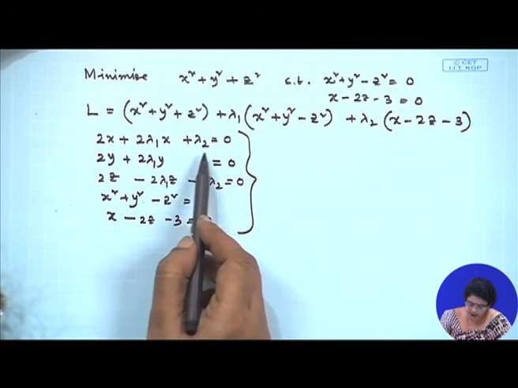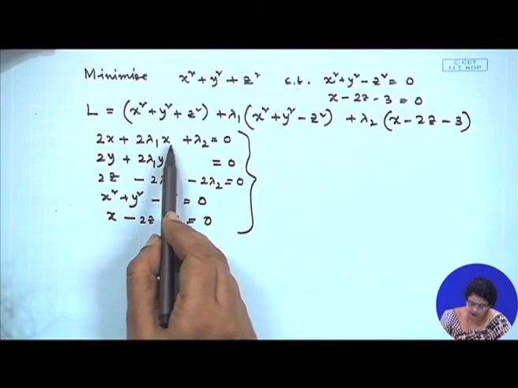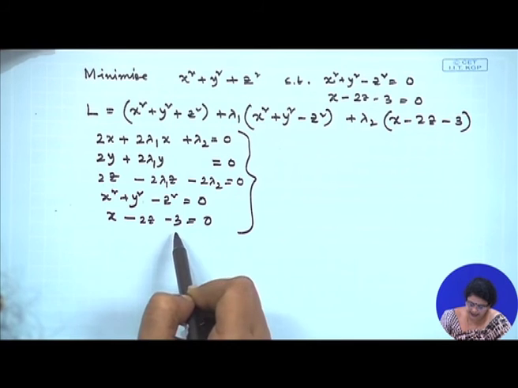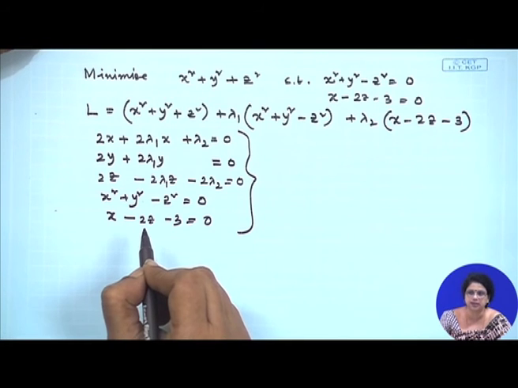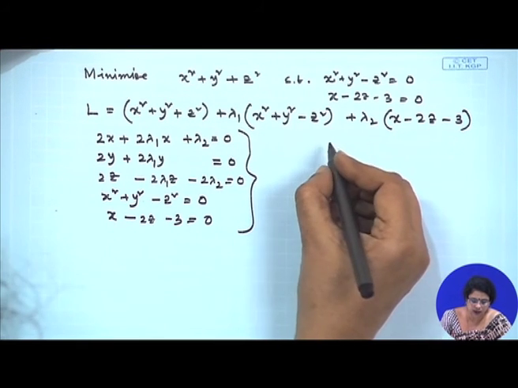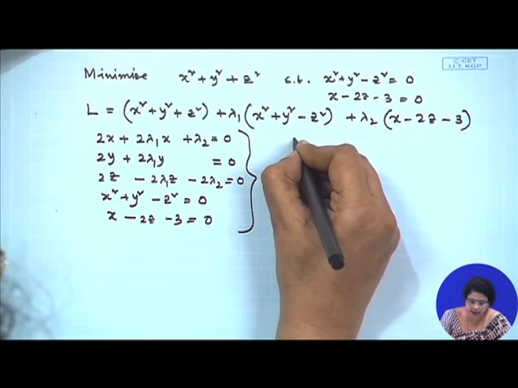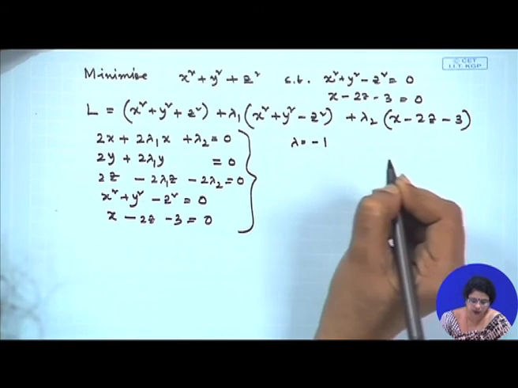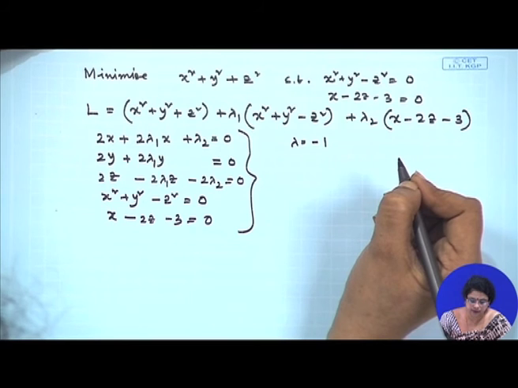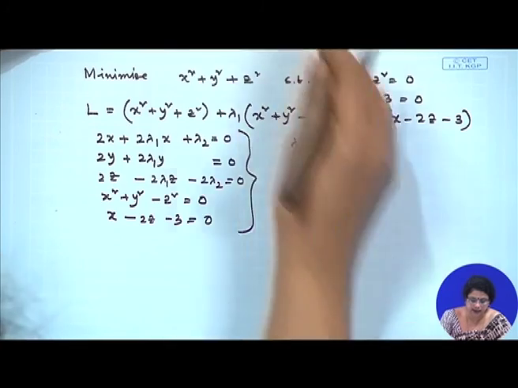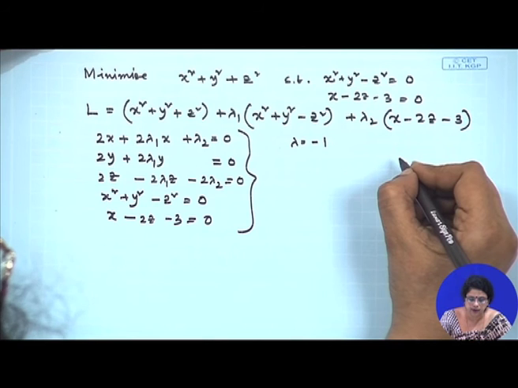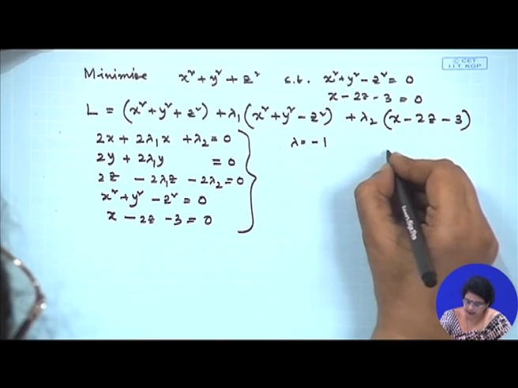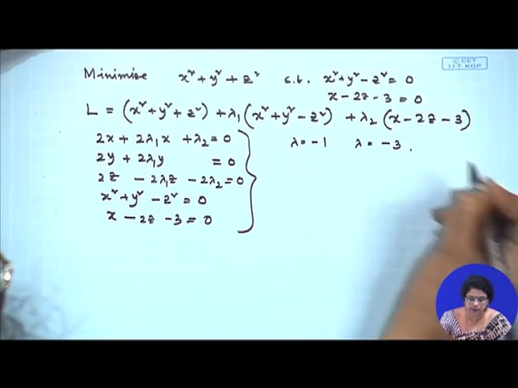Now, if we substitute the values of x, y and z in these cases, we will have different combinations of lambdas. One combination will give us lambda equal to minus 1, and another value will have lambda equal to minus 3.